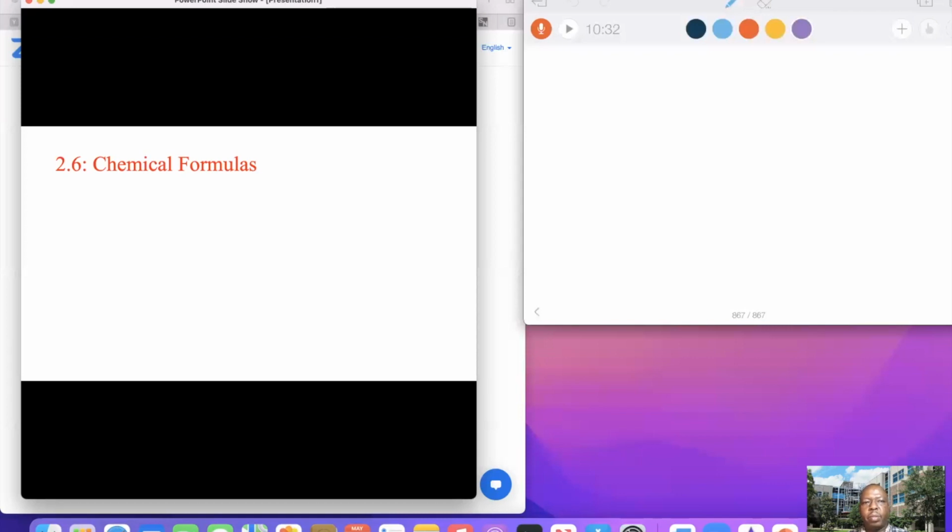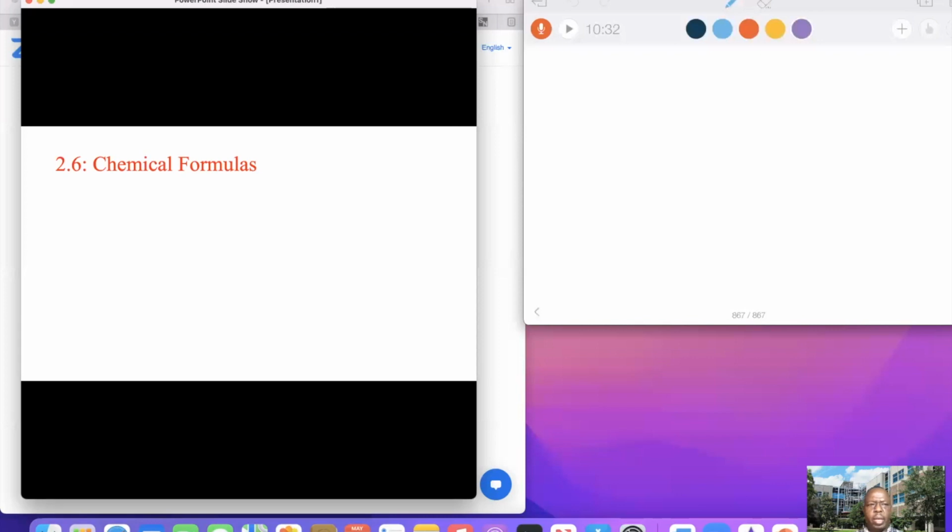Know the elements which make up the metals. You should be able to classify an element as a metal, metalloid, or non-metal. That's all I want to bring to your attention.